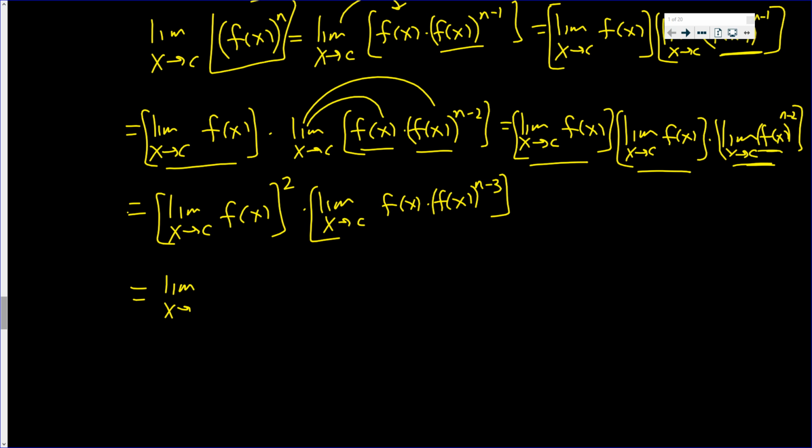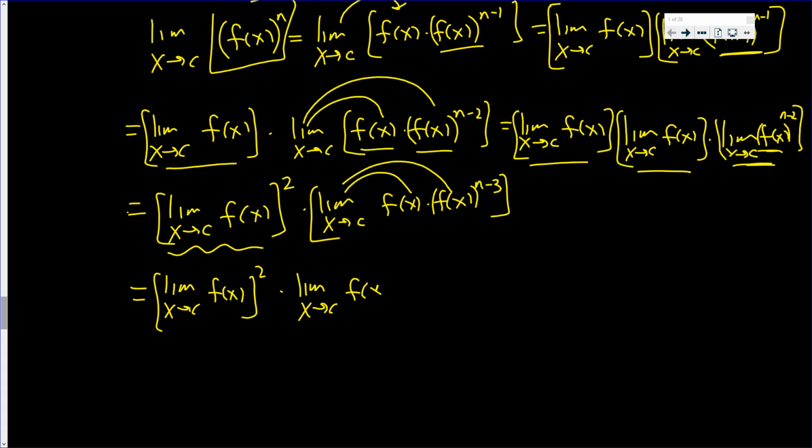Get the limit as x goes to c of f of x squared, this first limit, times the limit of the first times the limit of the second. The limit as x goes to c of f of x times the limit as x goes to c of this function, f of x to the n minus 3.